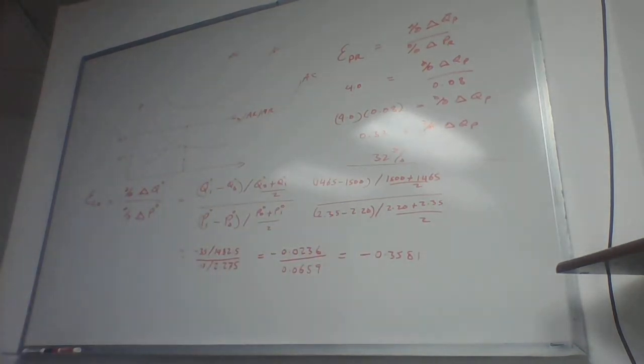And is that any close to our answer? Oh, we have one. Complements. Well, it depends, a negative is a complement. All right, so it's negative, so it's a complement. And so we got the number right, negative 0.3581. So it's either A or D, yes?